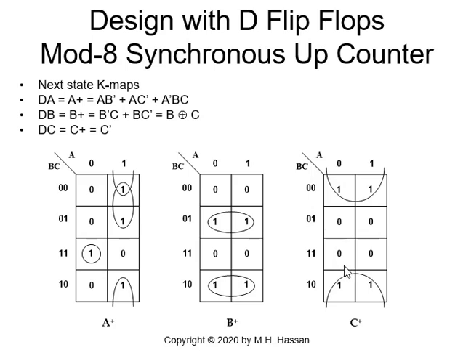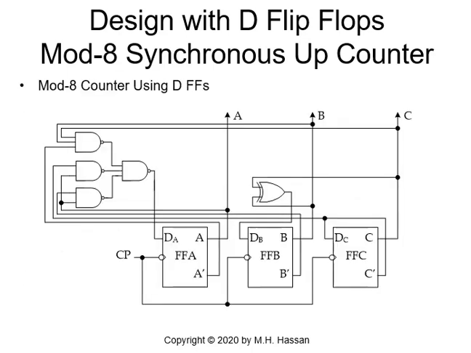So once we have DA, DB, DC, we can draw the diagram of my counter. The mode 8 synchronous up counter will look like this. We have C prime is equal to DC.